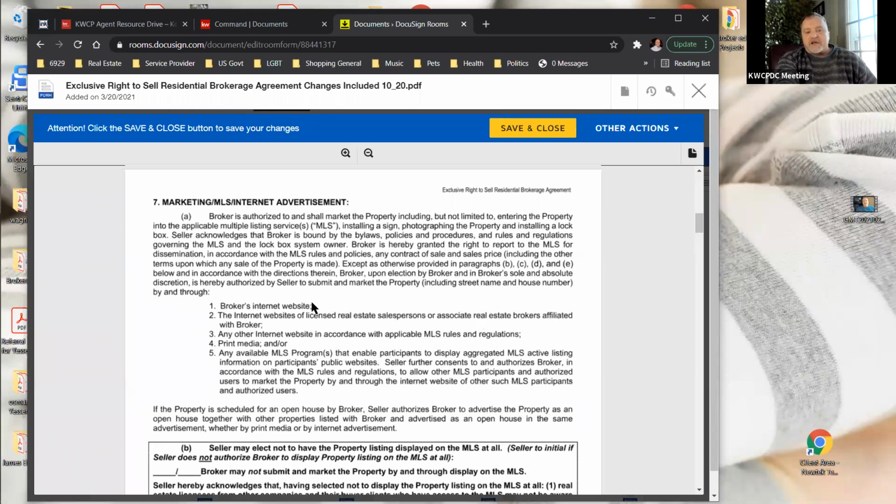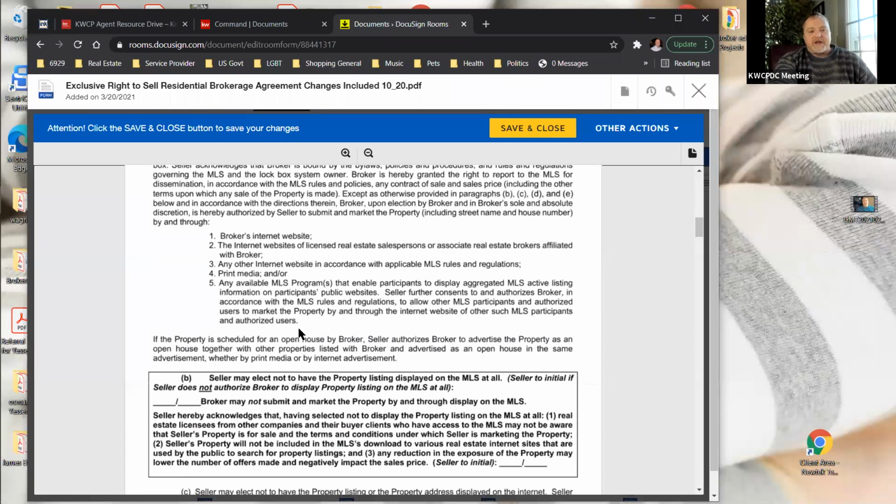So if there's a Keller Williams brokerage, or a Coldwell Banker or a Remax or Long and Foster, the seller is giving us permission to disseminate that information to the other brokerages via MLS, any other internet website in accordance with MLS rules.